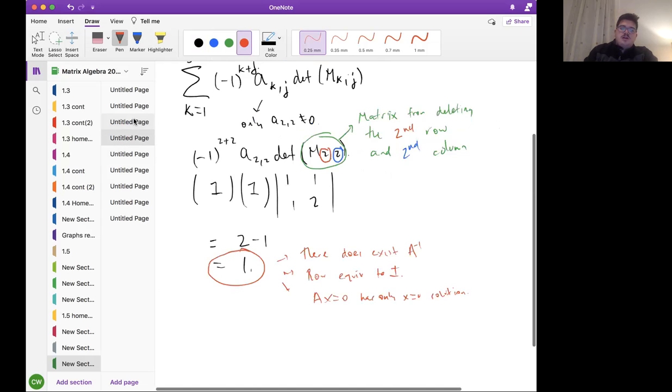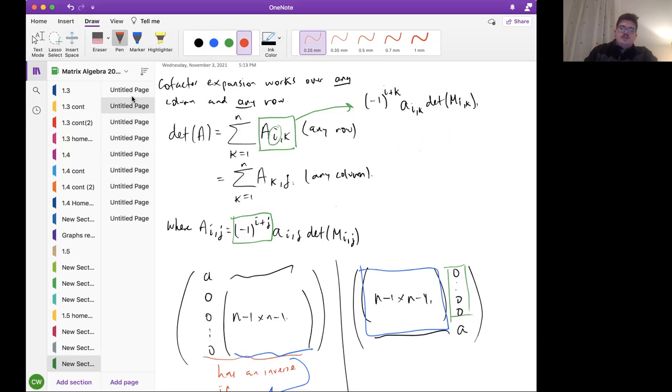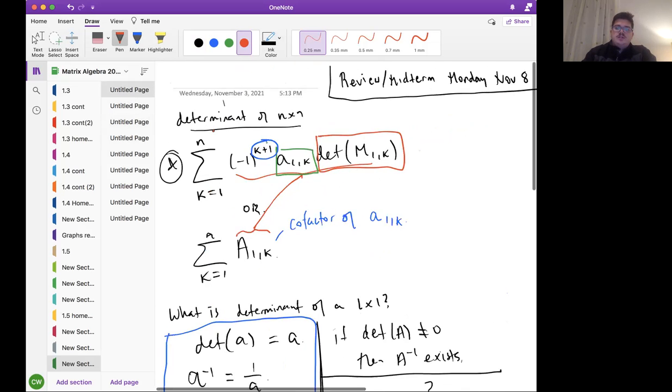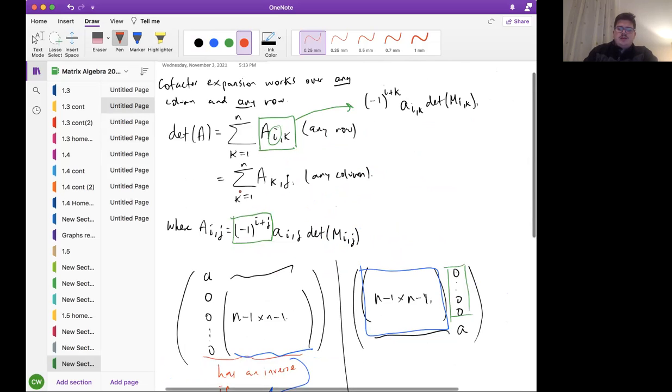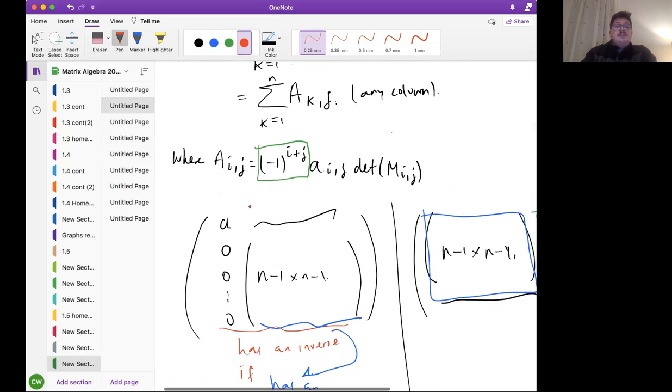Even in our first example, going down the first column, we're summing the coordinates. Everything will be the coordinates. So the -1 power is the sum of the coordinates, A gets the coordinates, and the minor is on the coordinates.